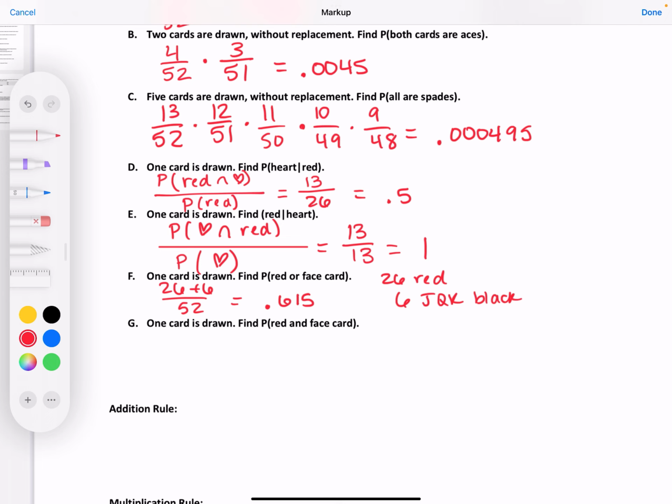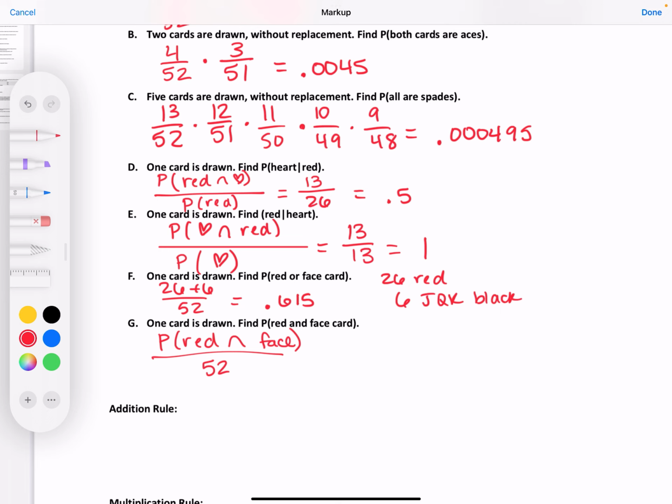P red intersected with this one, divided by the total number of cards. Okay, so we divide by 52.